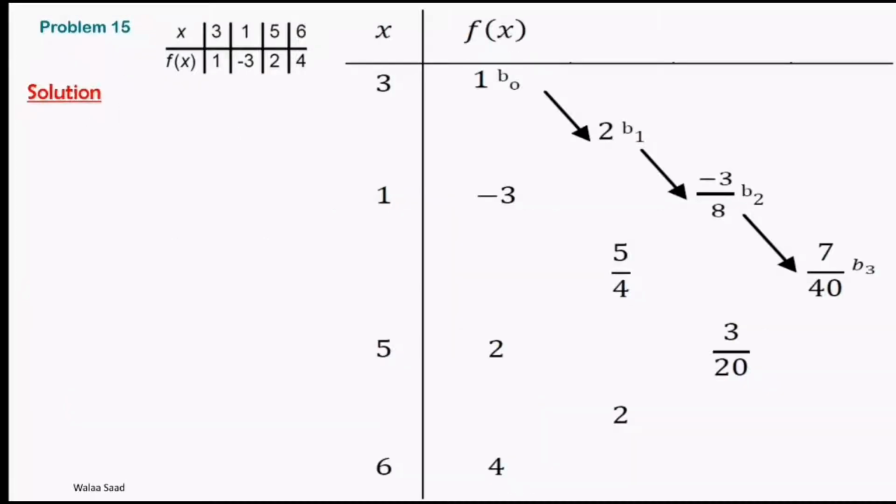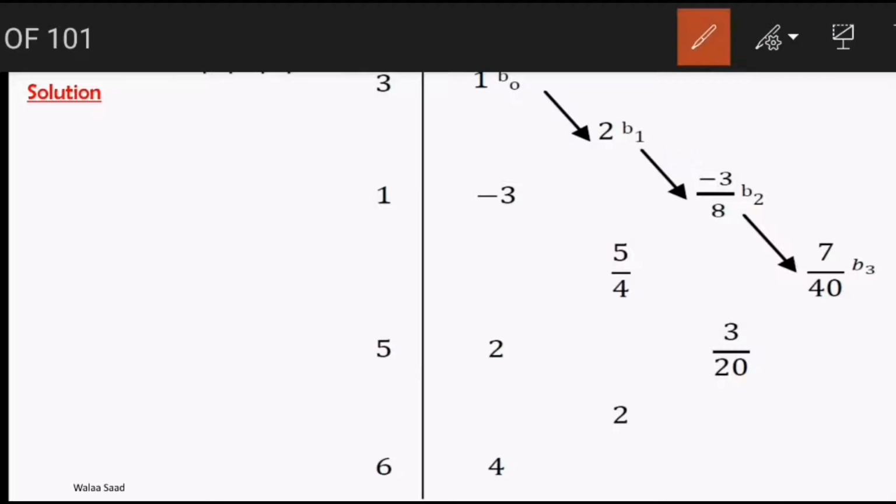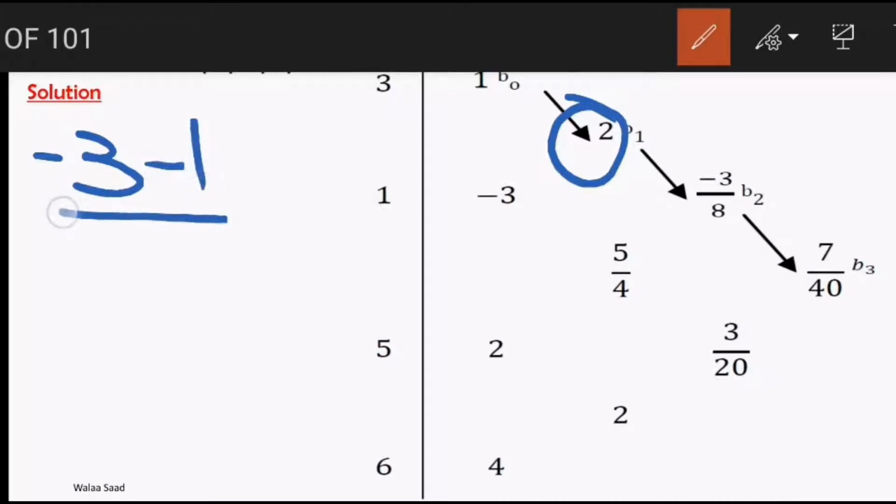So let's construct the divided difference table. Here we stated the x values, and the corresponding y values, which represent the polynomial of degree 0, and then we construct the higher degree polynomials. So here this 2 comes from -3 and then -1 over 1 minus 3, right?